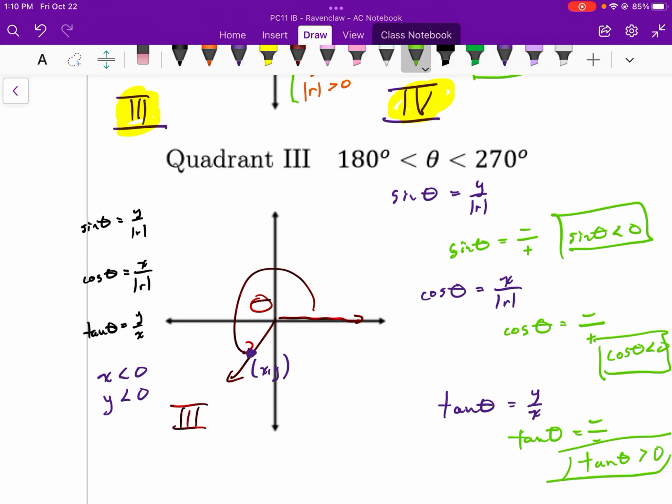And that's true for all angles in quadrant number 3. Now, tangent, some people have a difficult time, but I actually find it's almost the easiest. This is my terminal arm. Now, I just said, maybe you want to write this down, tangent is slope. This terminal arm, does it have a positive or negative slope? Well, it has a positive slope. So therefore, the tangent is positive.